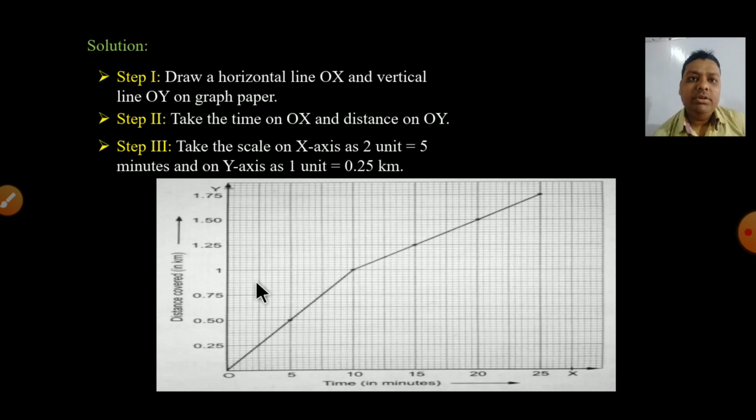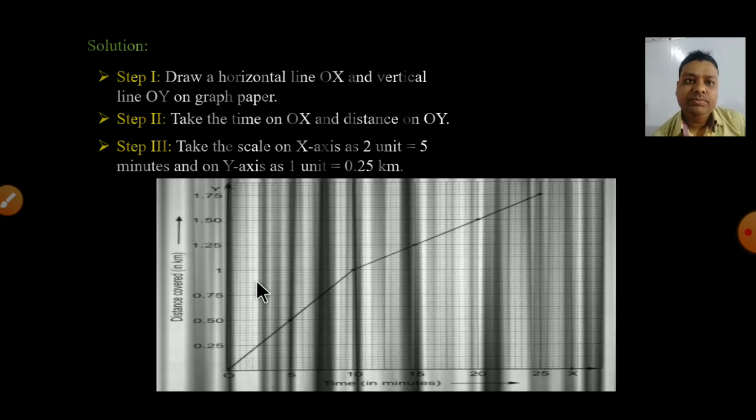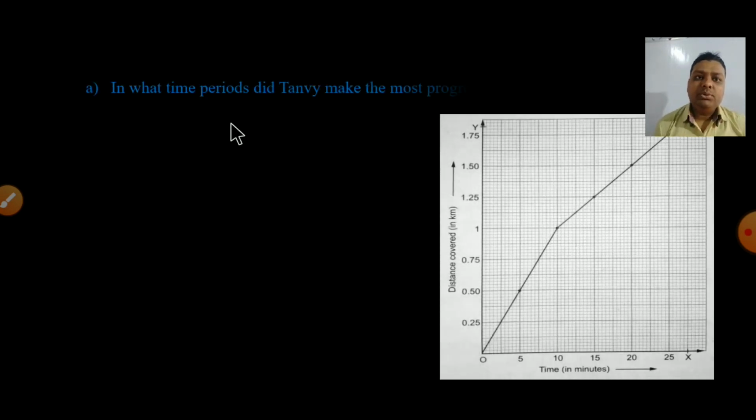Now we will solve some questions. In the next slide you can see the figure. The first question is: in what time period did Tanvi make the most progress? Between 0 to 5 the line is increasing, and 5 to 10 again increasing.